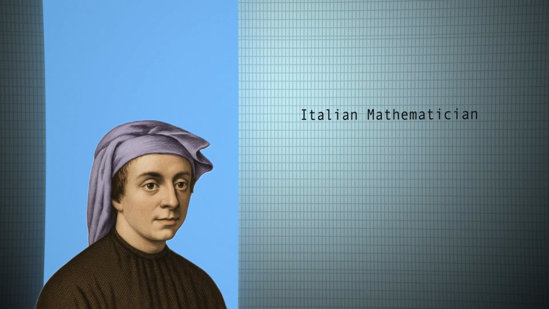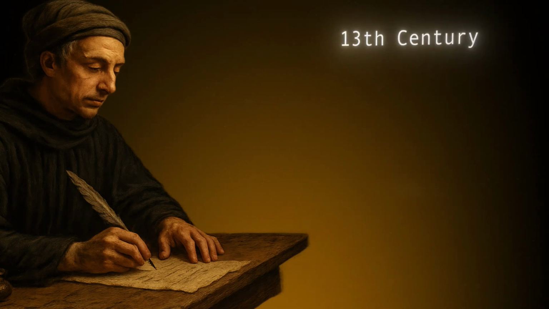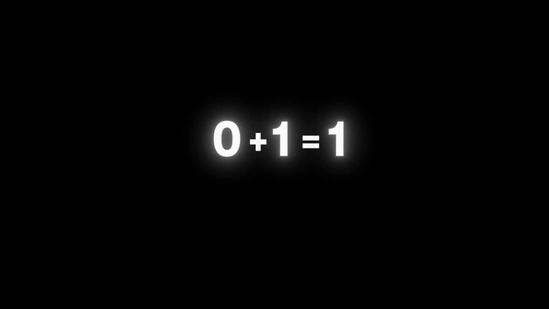So Fibonacci actually originates from the Western world, from an Italian mathematician by the name of Leonardo of Pisa, otherwise also known as Fibonacci. Back in the 13th century, he discovered this mathematical sequence starting from 0, 1, 1, 2, 3, 5, 8, 13, 21, and so on, where each new number is the sum of the previous two numbers.